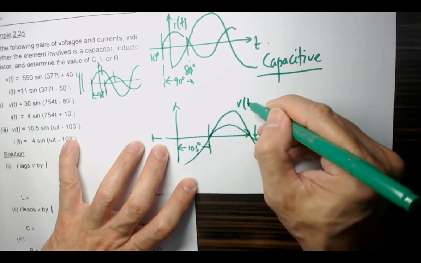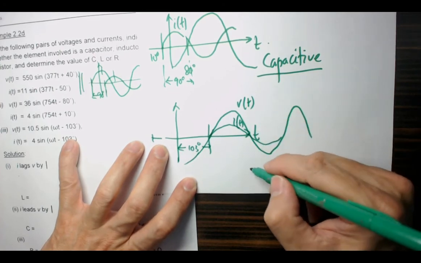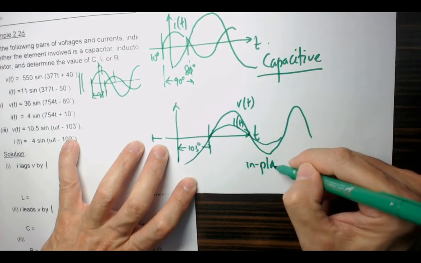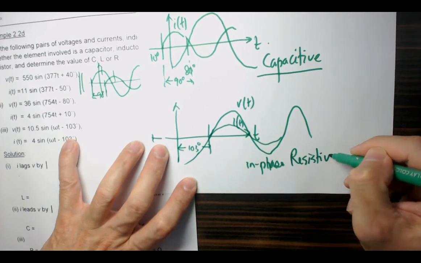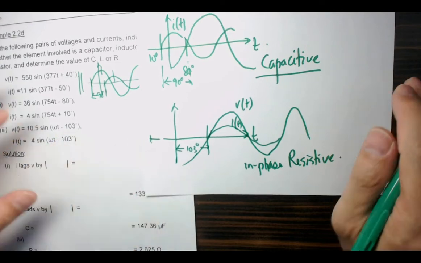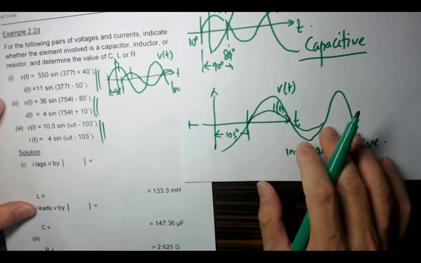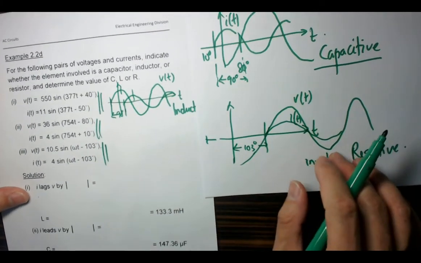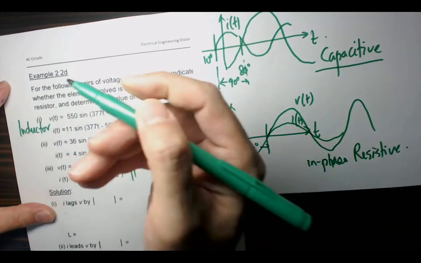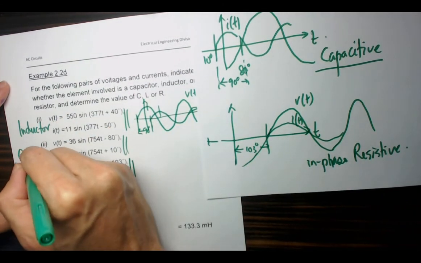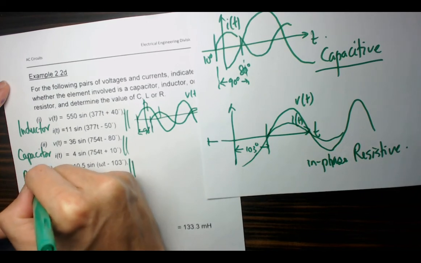So this is voltage and this is current. So we say it is in phase, therefore it is resistive. So from this analysis of these three sets of waveforms, I can conclude that the first set is due to an inductor, the second is due to a capacitor, and finally the third is just a resistor.